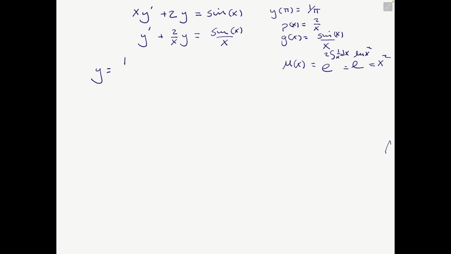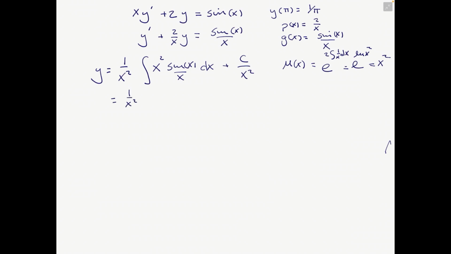Okay, so we have y equals 1 on x squared times the integral of x squared sine x on x dx plus c on x squared.